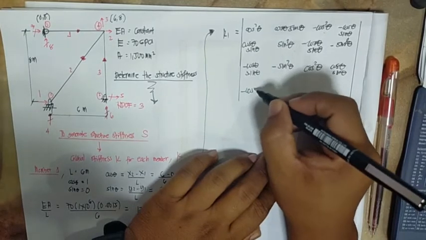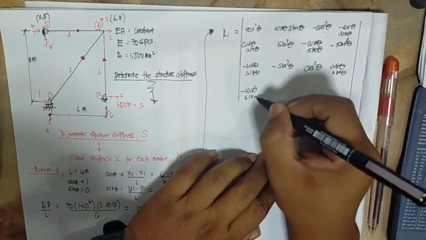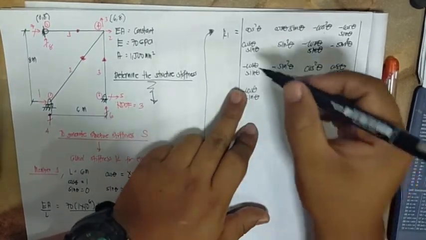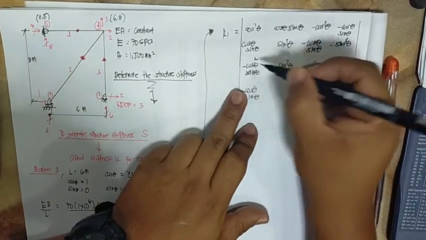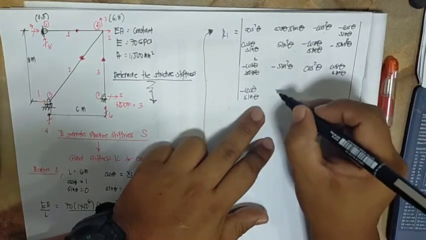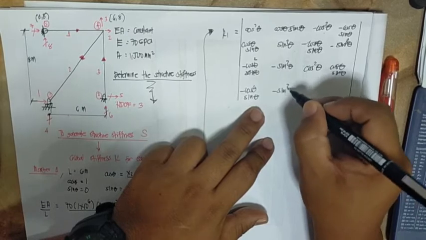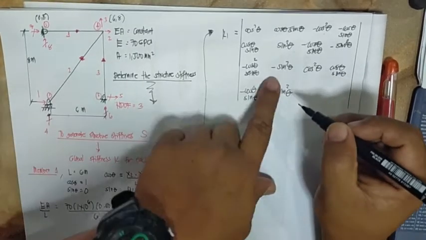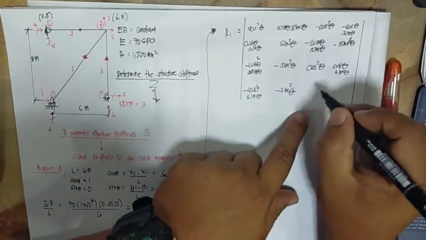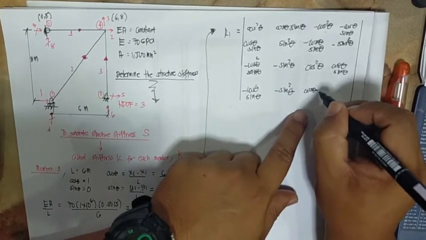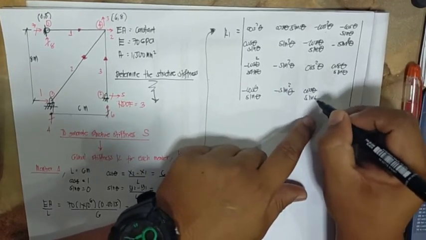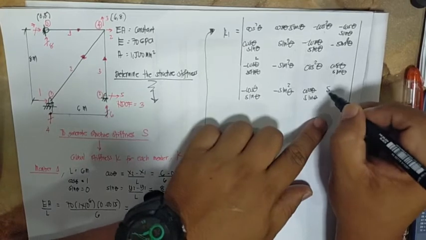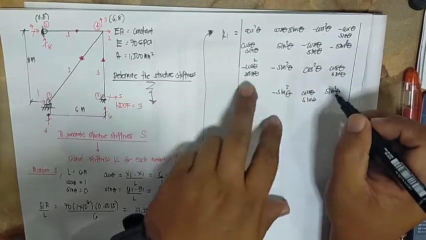What else? Negative cosine theta sine theta. Oops, mistake. This is squared. Negative sine squared theta, cosine theta sine theta, then sine squared theta.